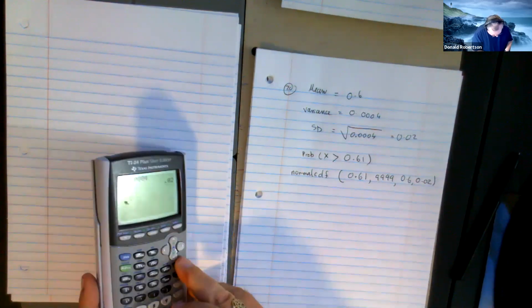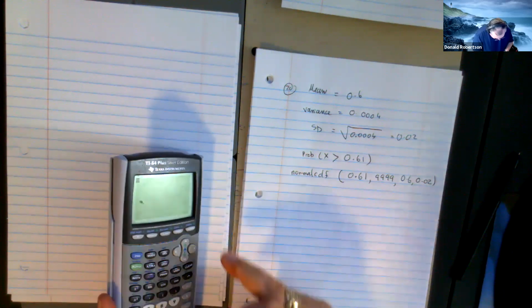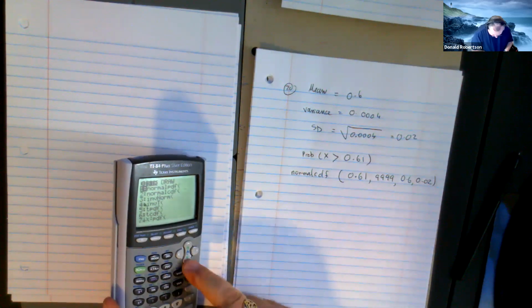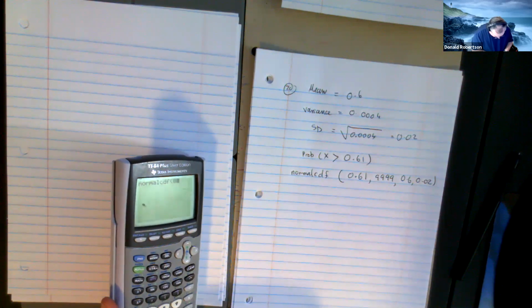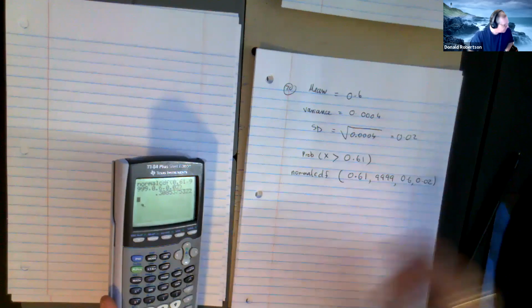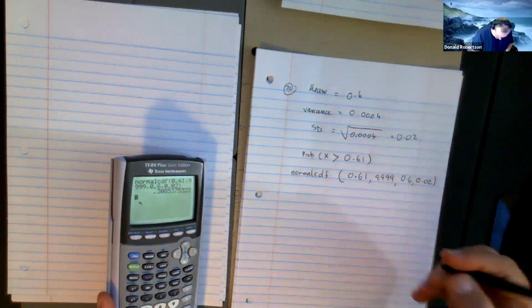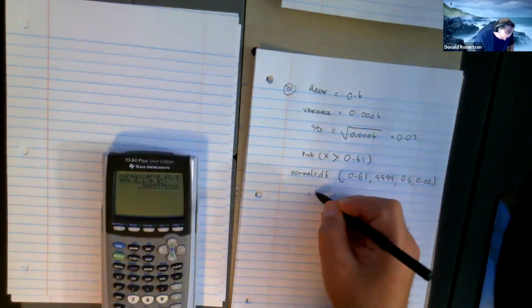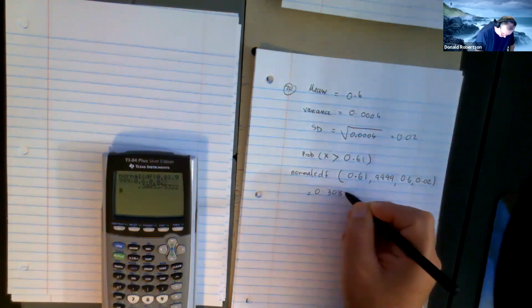So when I go to my calculator, it's going to be choice number 2, 0.61, comma, 4 nines, comma, 0.6, comma, 0.02. And when we finish it, we get 0.3085, which I can verify is in fact the correct answer.